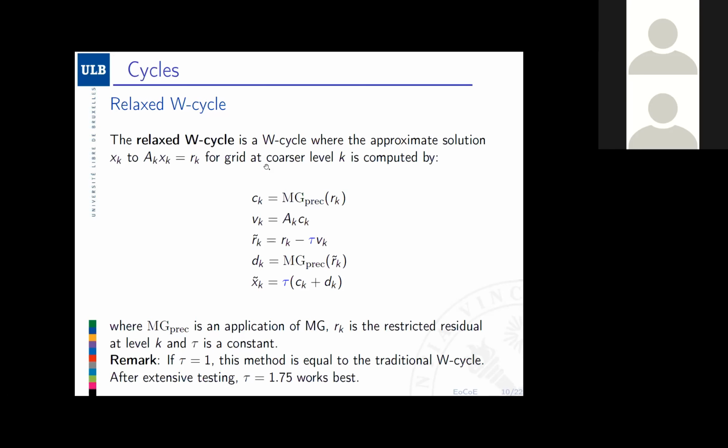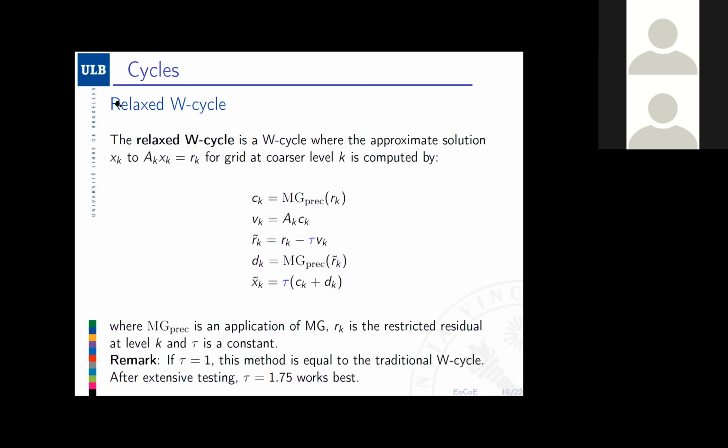First, we solve for the restricted residual R. We use this solution to smooth the actual residual with a parameter tau, which is a relaxation constant. And then we solve again with the second call of this W cycle. And in the end, we use both solutions to approximate our solution, again with the smoothing constant tau.